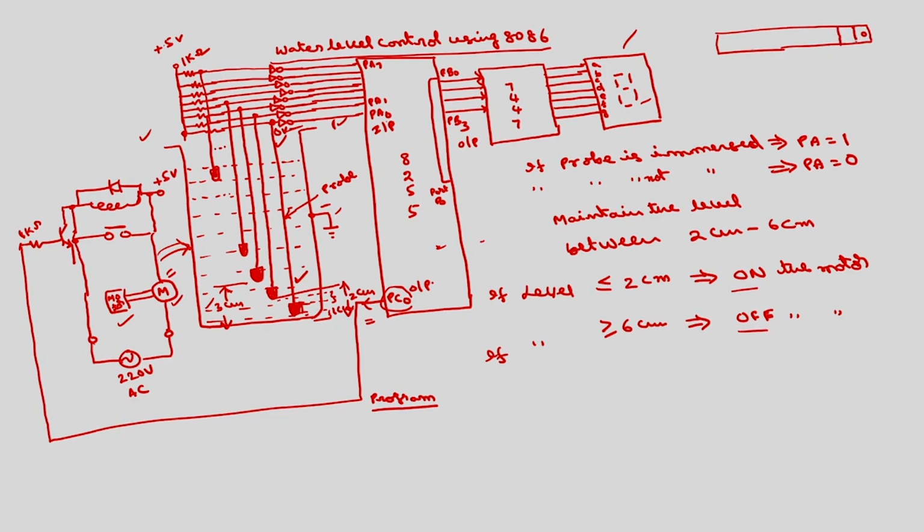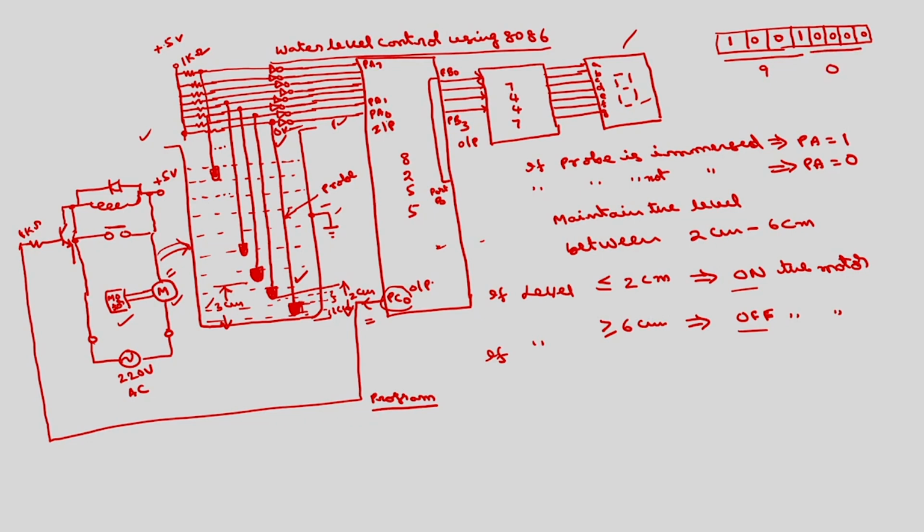Port B, I want the output port 0, mode selection for port B 0. This is port C upper, I want to have the output port, and port A I have to operate as input port, and mode selection for port A will be mode 0, and this will be 1 for bit set, control mode CD, so it will be 90H.